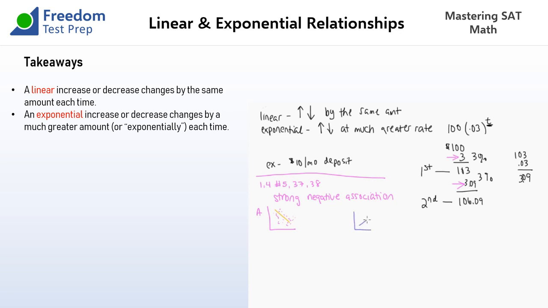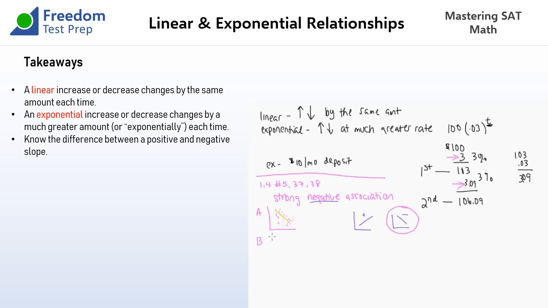A slope that is positive looks like this, and a slope that is negative looks like this. You should know these two. So when it says a strong negative association, we're looking for this one, right? A negative slope. Okay, so now we can see that although A has a negative slope, is it strong? I'm not sure. We could leave it in.